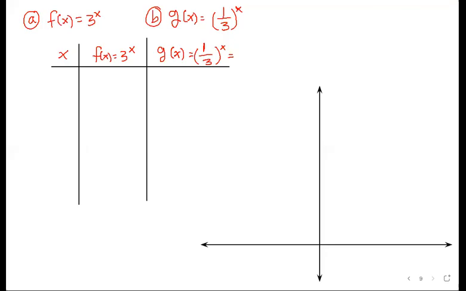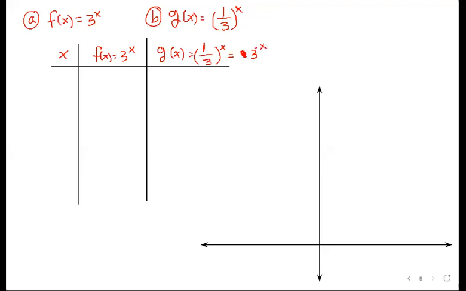Would you like to answer? What does that equal here? Like turn it into a negative exponent. What is the answer? 3 to the negative first power. Yes.